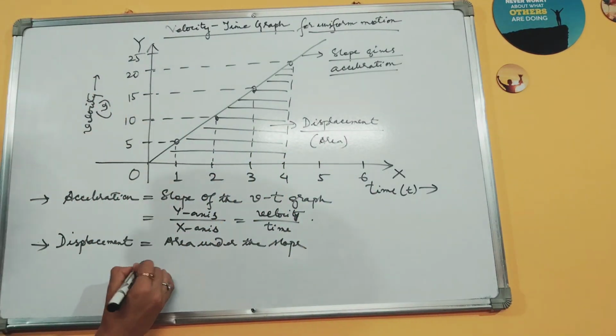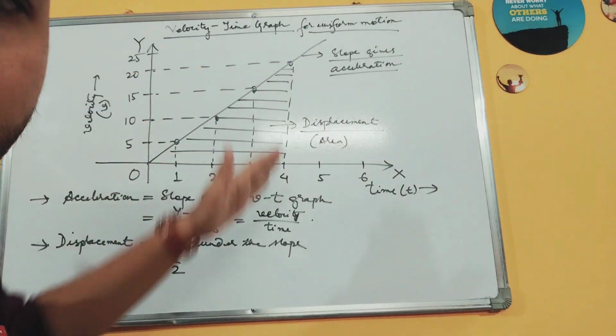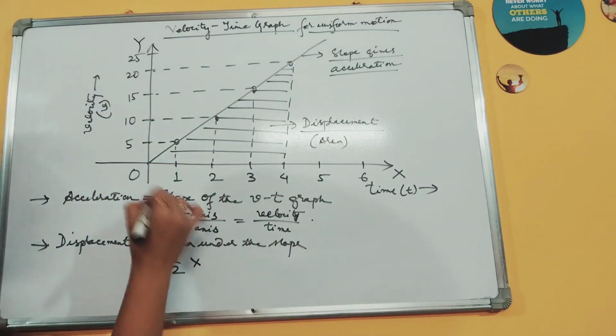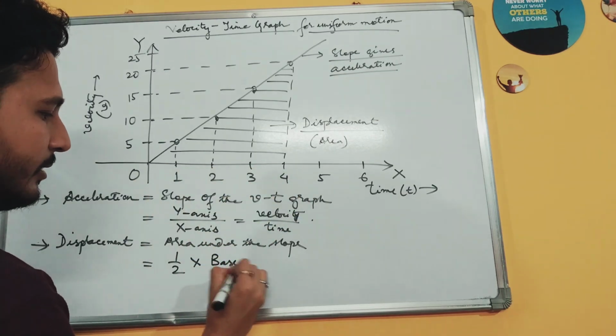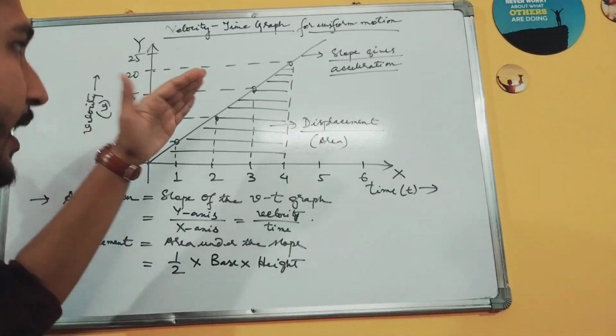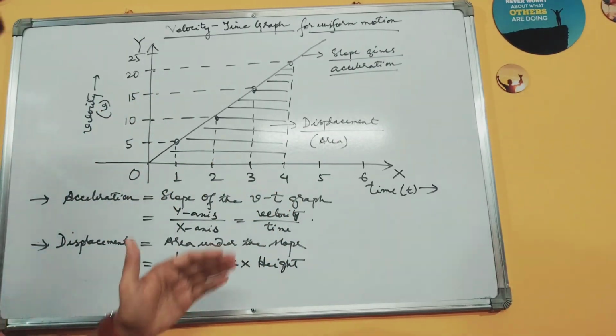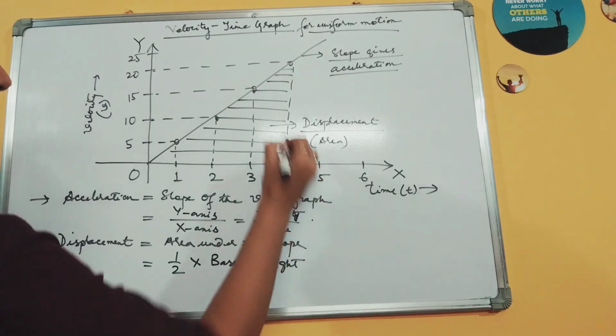What is that area? Half, I guess it's a right angle triangle, so that will be what? Half into base, मान लो base into height. एक हमारा फॉर्मूला है एरिया का. एरिया ऑफ ए ट्रायंगल इज हाफ into base into height. तो मान लो ये O ये A तक है, that is what?